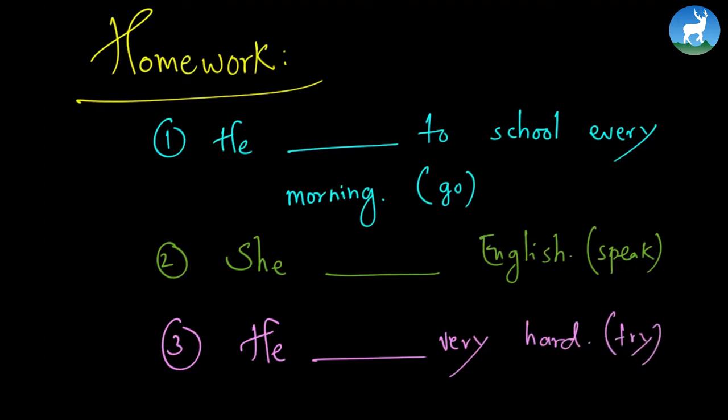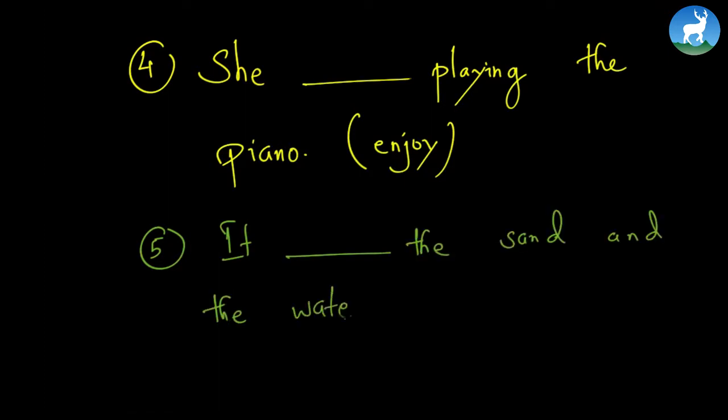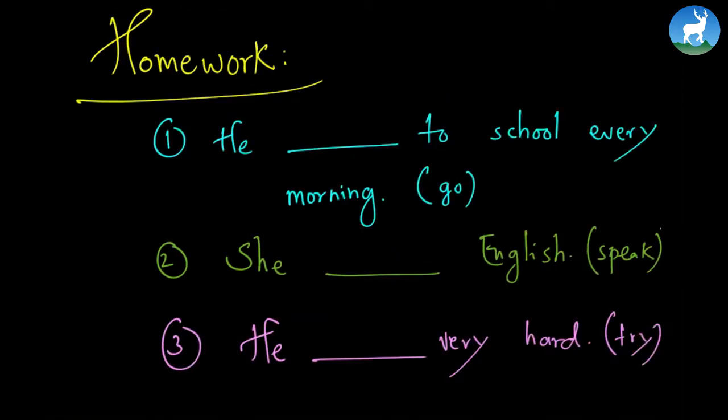Let me give you 2 more questions. She, blank space, playing the piano, and the verb form is enjoy. Last question. It, blank space, the sand and the water, and the verb form is mix. So these are the questions for your practice. I guess when you are done practicing these questions, you would be pretty fluent with the concept of present tense.